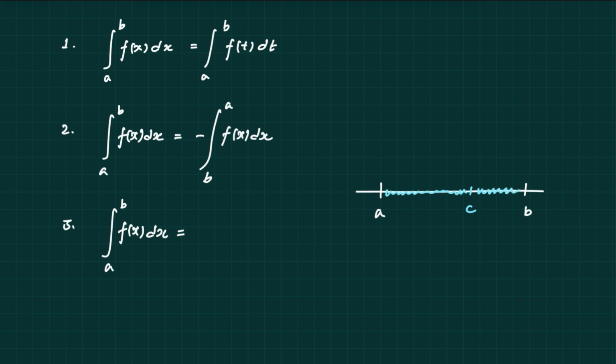That means this integral can be written as the integral from a to c of f of x dx plus the integral from c to b of f of x dx. But we have to note that this point c should lie between a and b.